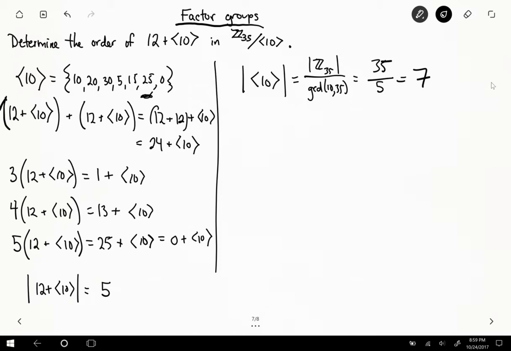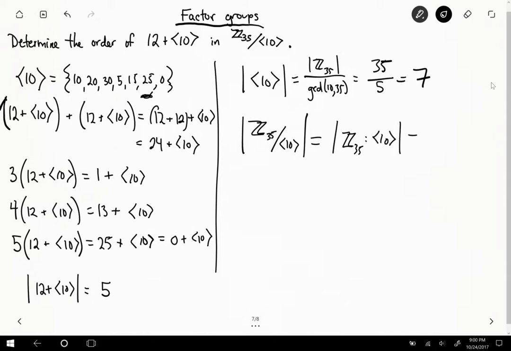Now, with that in mind, another way for us to have approached this: first off, what is the order of this? Well, this factor group should match the order of the index here.